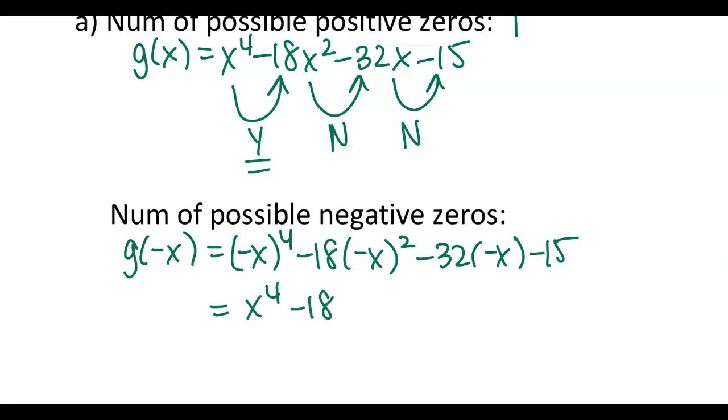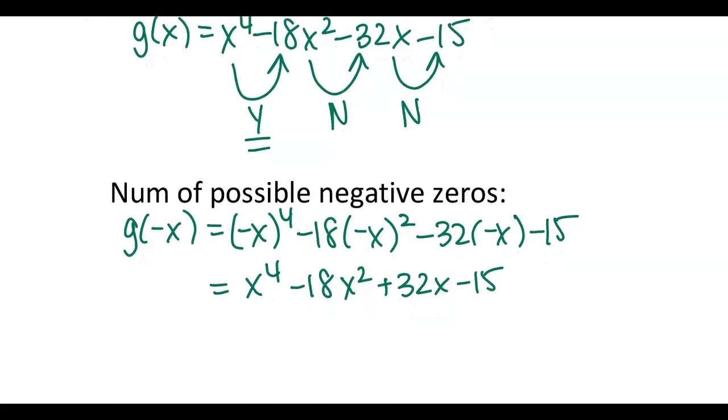We're going to have negative 18. If you do negative x squared, that turns into just an x squared. This one, you're really not using any exponents because the exponent's 1, so we're just going to multiply. Negative times negative will be a positive 32x. And then I'll put the negative 15 at the end.